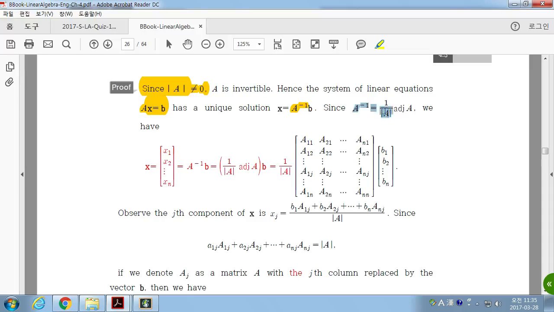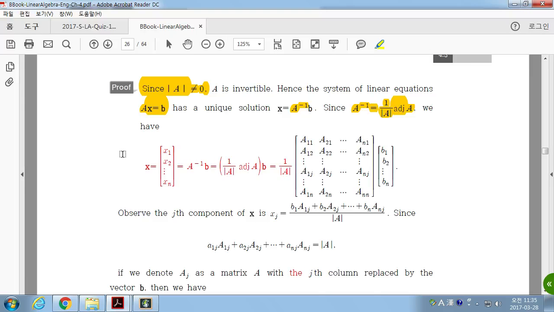But we all know that A inverse is one over the determinant of A times the adjugate of A. So X can be written as A inverse times B, but A inverse is this, so we are multiplying this matrix to this vector B. That's it.